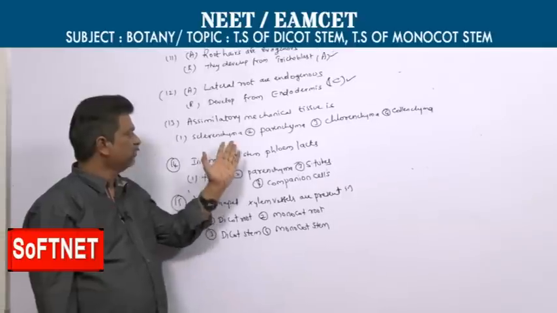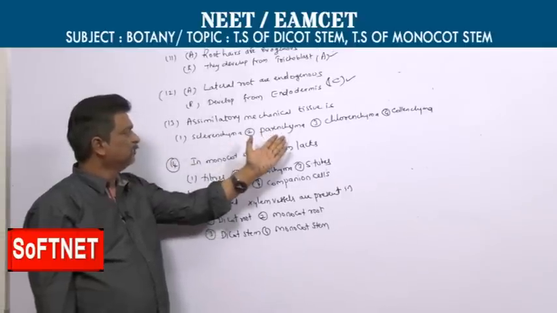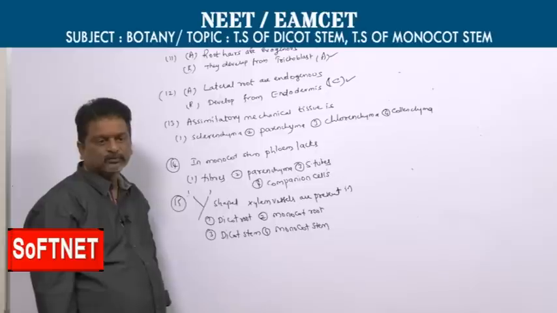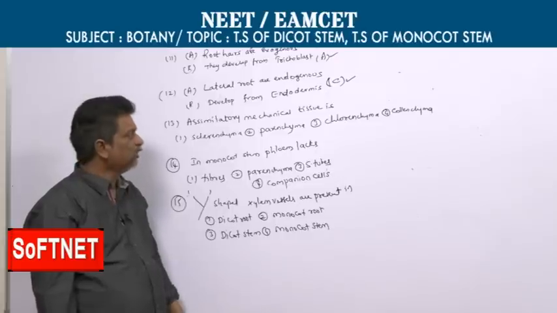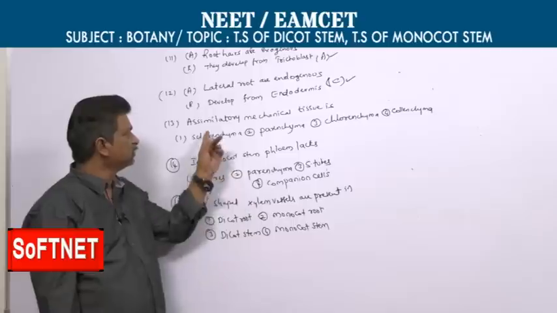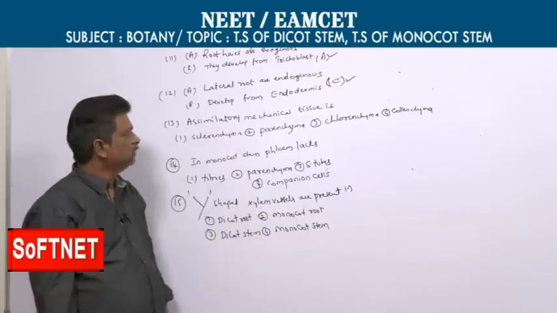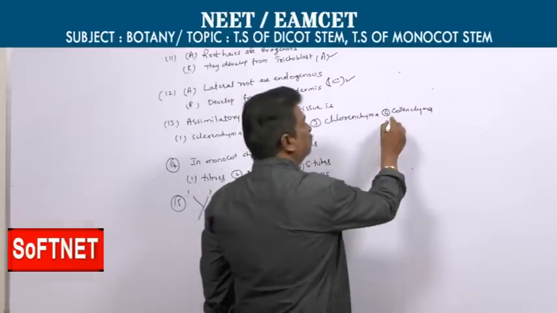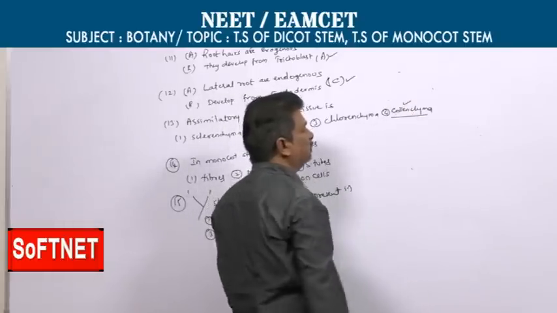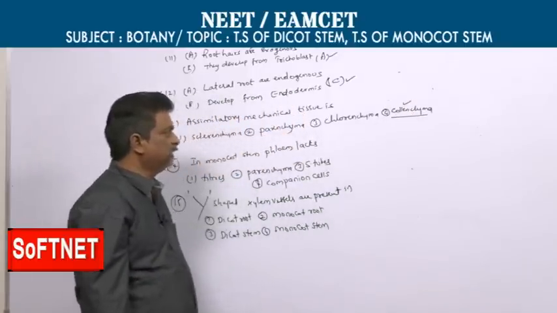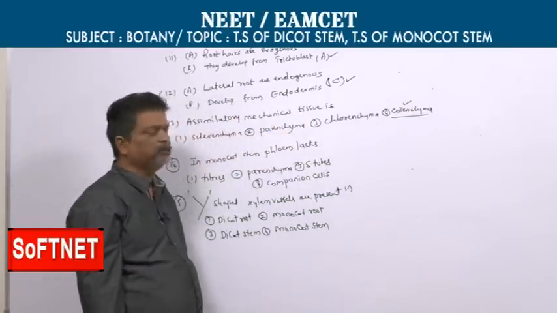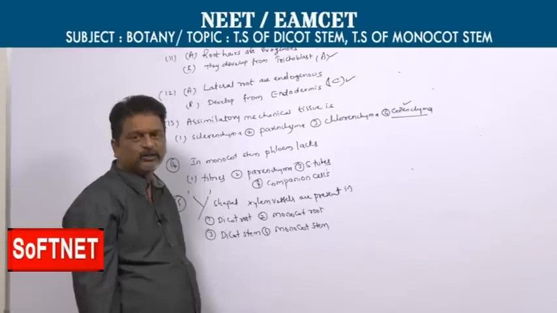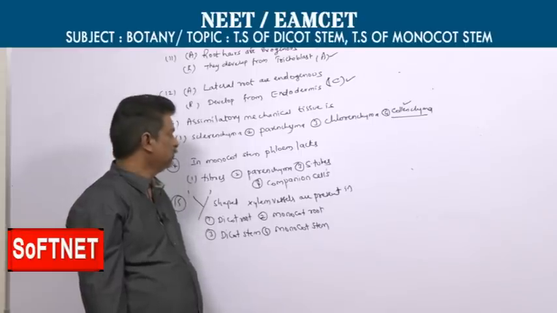So not sclerenchyma, not parenchyma. Parenchyma with chloroplast is called chlorenchyma. Chlorenchyma performs only photosynthesis, not mechanical support. So the answer is collenchyma. Collenchyma is living tissue. It contains chloroplast, so it helps in assimilation and also gives tensile strength or mechanical support.